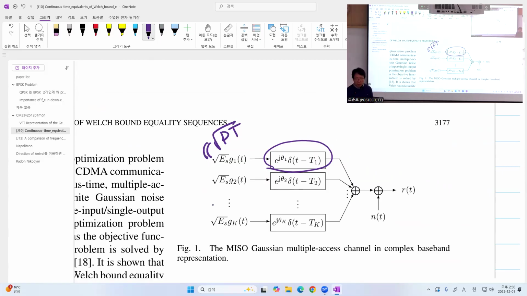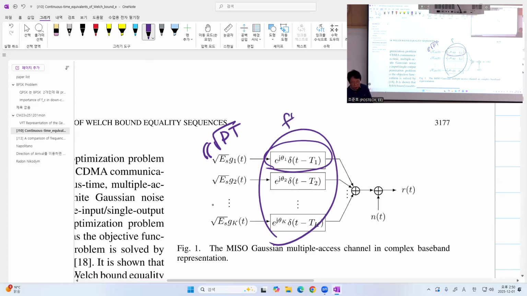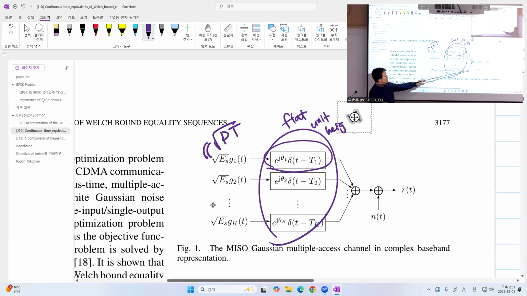And the channel does not amplify or diminish the amplitude, so they are frequency flat channels, flat unit height in the frequency domain. And these signals are summed and corrupted by the noise. And this is the most ideal continuous time version of the so-called multiple access scenario.